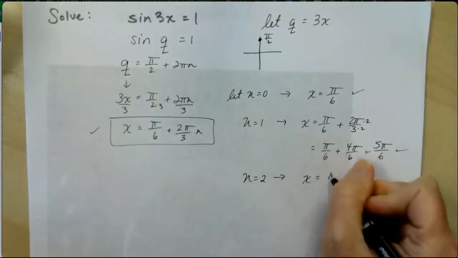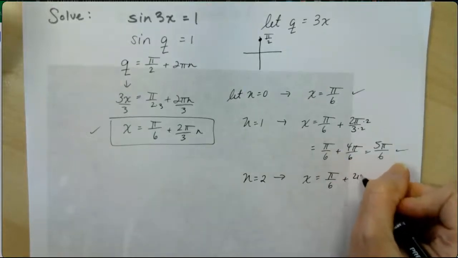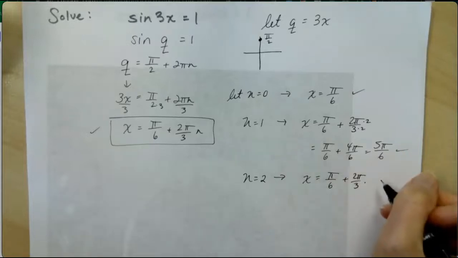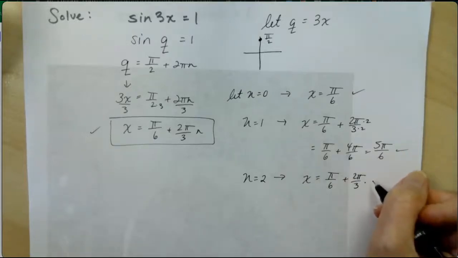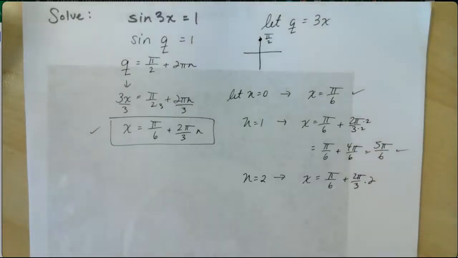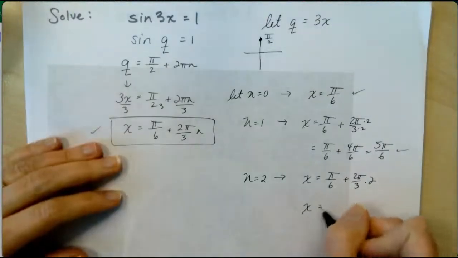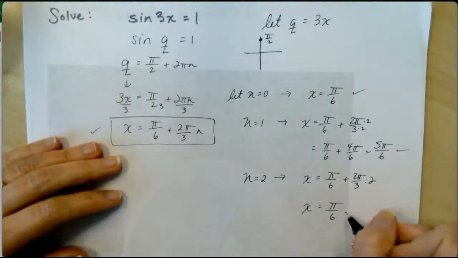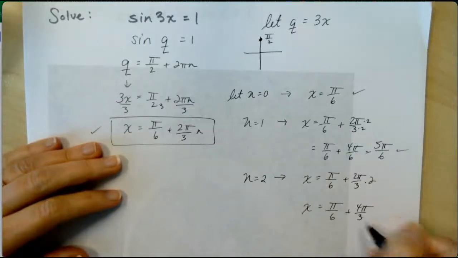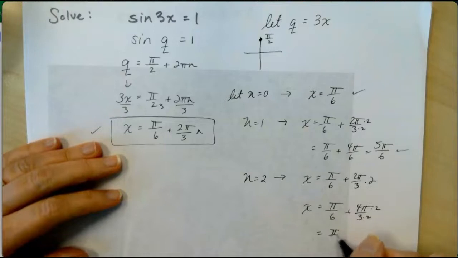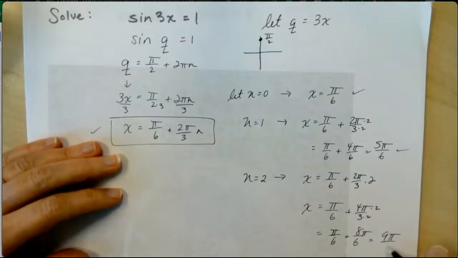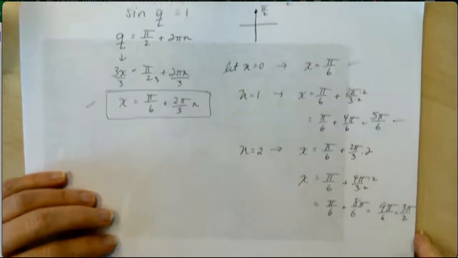Now let's let n equal 2. So x equals pi over 6 plus 2 pi over 3 times 2. So that is going to be x equals pi over 6 plus 4 pi over 3. Once again, times 2 times 2. So that is pi over 6 plus 8 pi over 6. That is 9 pi over 6, also known as 3 pi over 2.